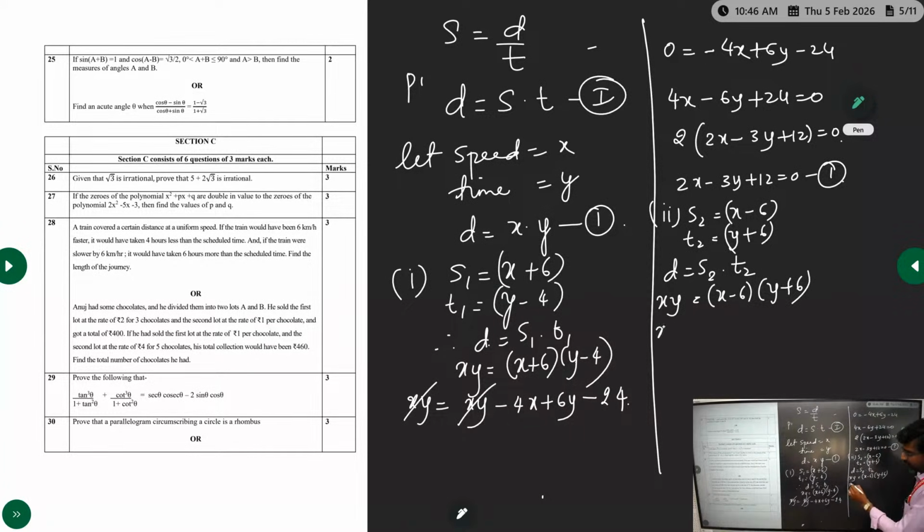Let me try. xy equal to xy plus 6x minus 6y minus 36. So this will be 6x minus 6y minus 36.